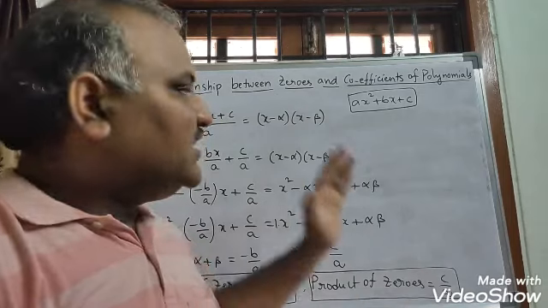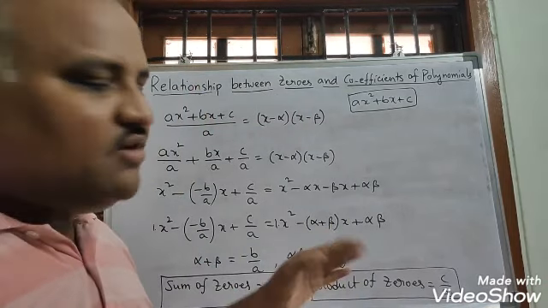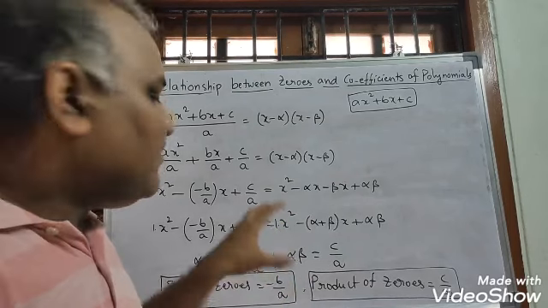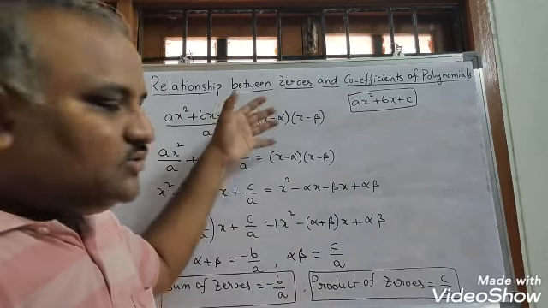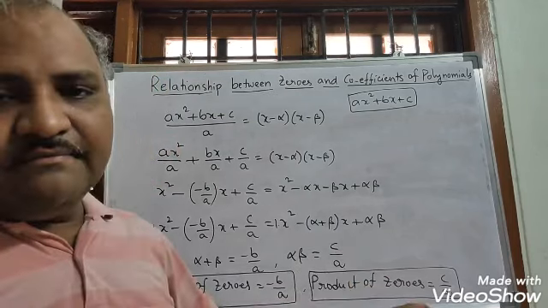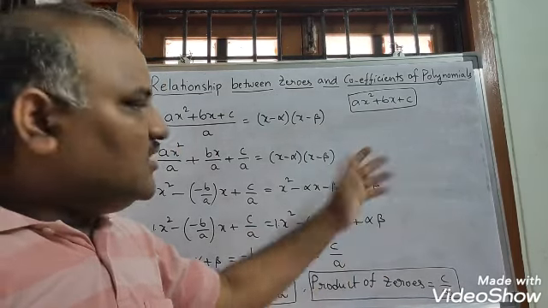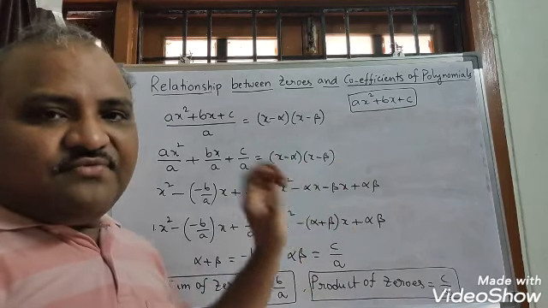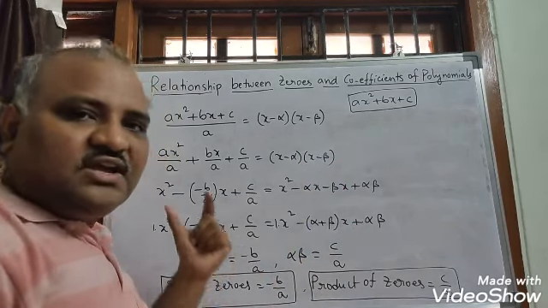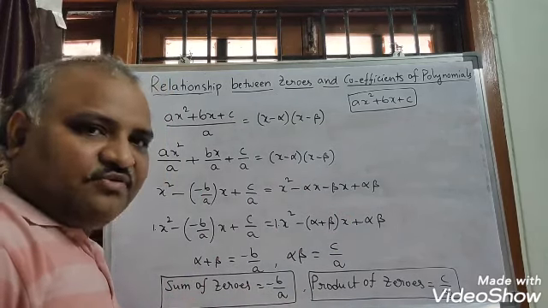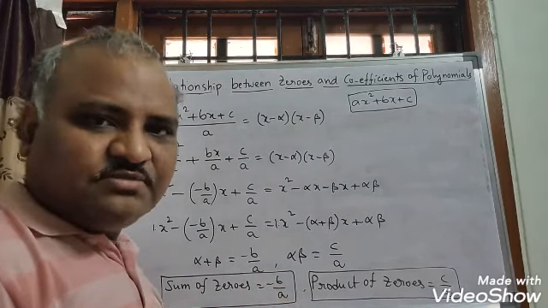Now let us take some examples and verify whether these are correct or wrong. We'll take some examples and apply these formulae. We'll also find the zeros by another method and verify whether they satisfy the original zeros. That means we'll check whether the sum of zeros found directly is the same as minus b by a or not.